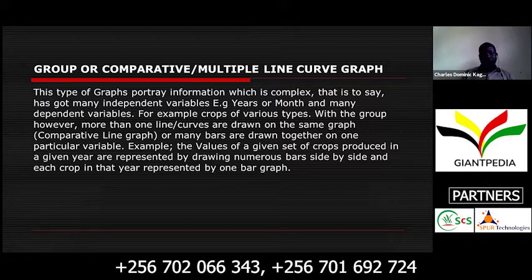Now, what is important for us to note is why they call them group or comparative. It is that when you are drawing them, they are grouped. They are many, but representing a particular year. They are curves drawn in lines, but they represent the information.